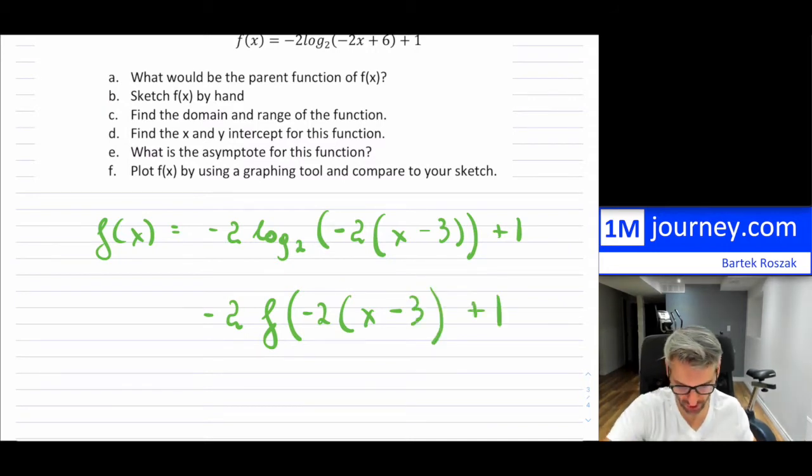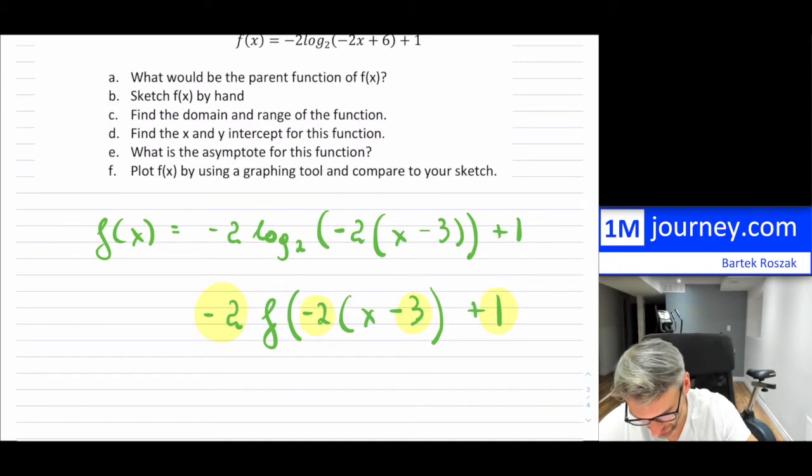Okay, so here are our transformations. We're going to have to do all of these. The 3 and the 1 are just translations. And then the negative 2 and the negative 2 are going to be compressions or stretches.